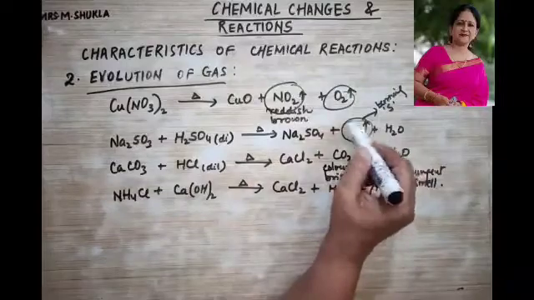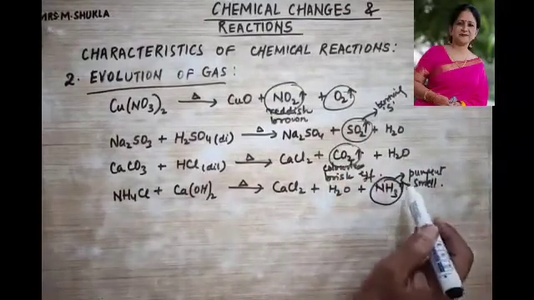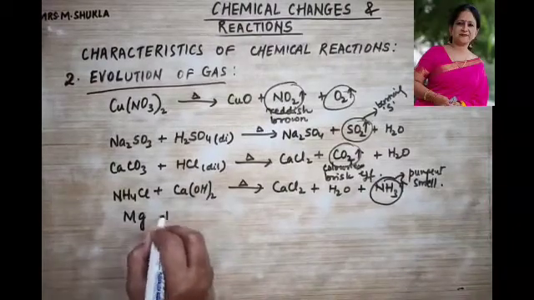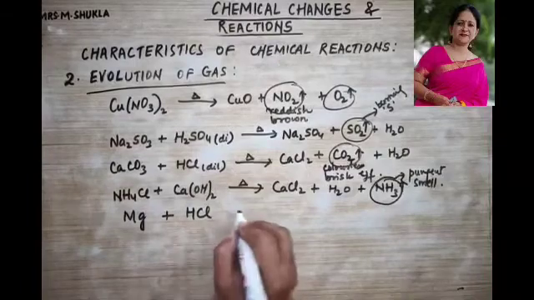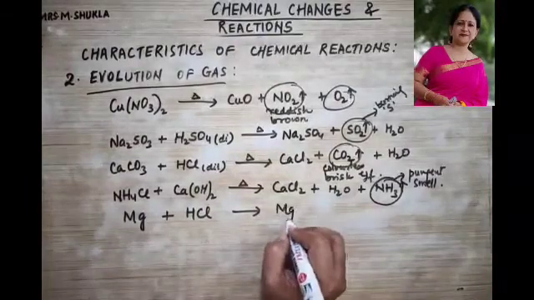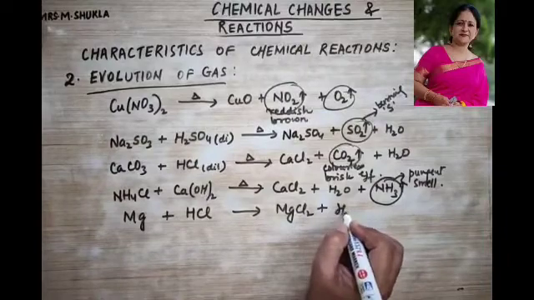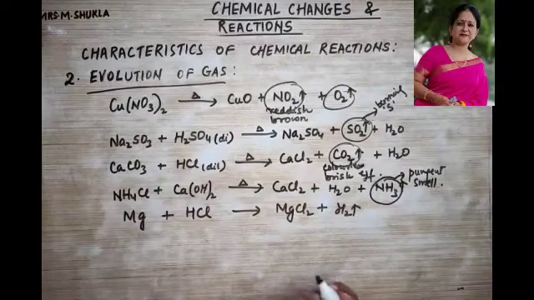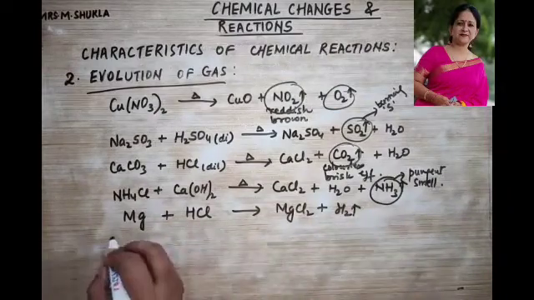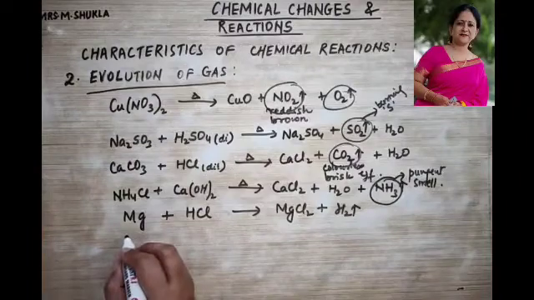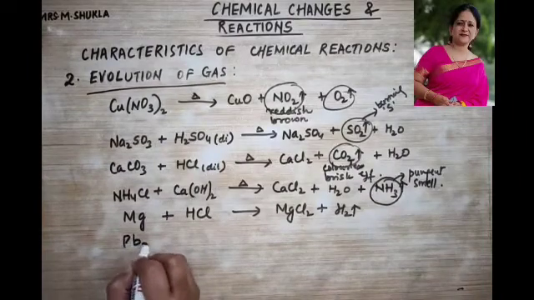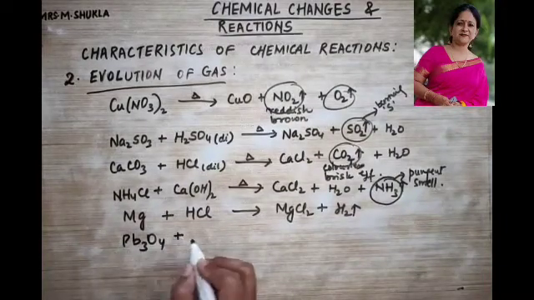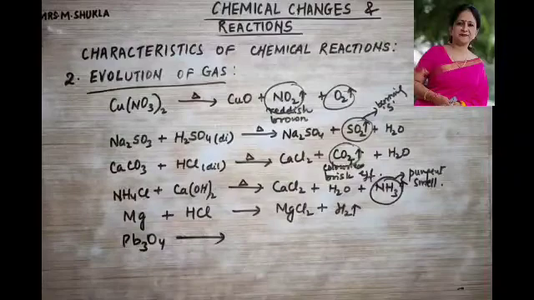There are several other kinds of reactions where you will find evolution of gas. Let's take one more example. Magnesium, when it is dropped in HCl, what is it going to give us? Magnesium chloride plus a colorless, odorless gas, that is hydrogen gas. This also shows brisk effervescence. Then another example could be if I take Pb3O4 and heat it, what is it going to give us?